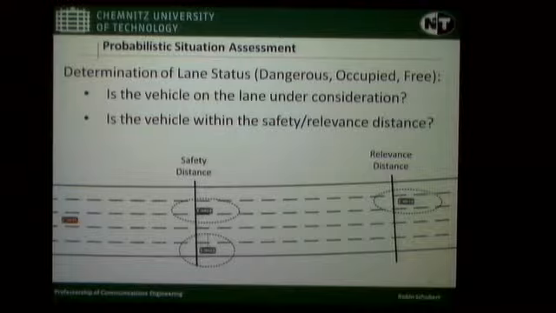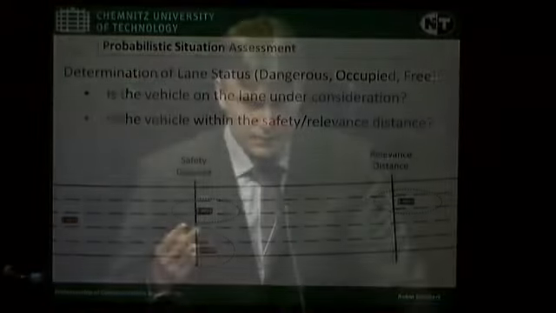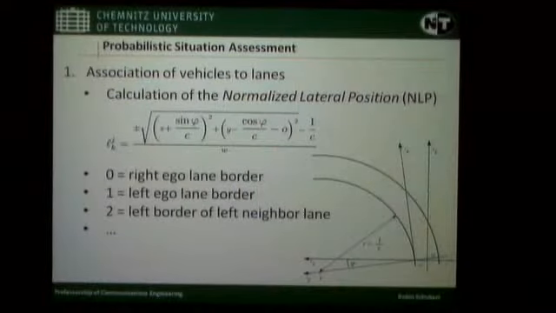So we can split the determination of the lane status into 2 questions. Is the vehicle on this lane, and is the vehicle inside my safety or relevance distance? So first of all, we could just start by calculating some lateral distance value for that. For example, we propose here to use something which is called normalized lateral position.